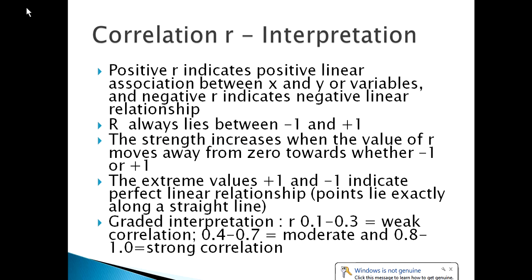If the value of R is between 10% and 30%, then we will get a weak relationship, while if it's between 40% and 70%, the correlation will be medium, and if the value of R lies between 80% and 1, then we will have strong correlation. If this one is negative, we will have strong negative correlation, or if it's positive, strong positive correlation.